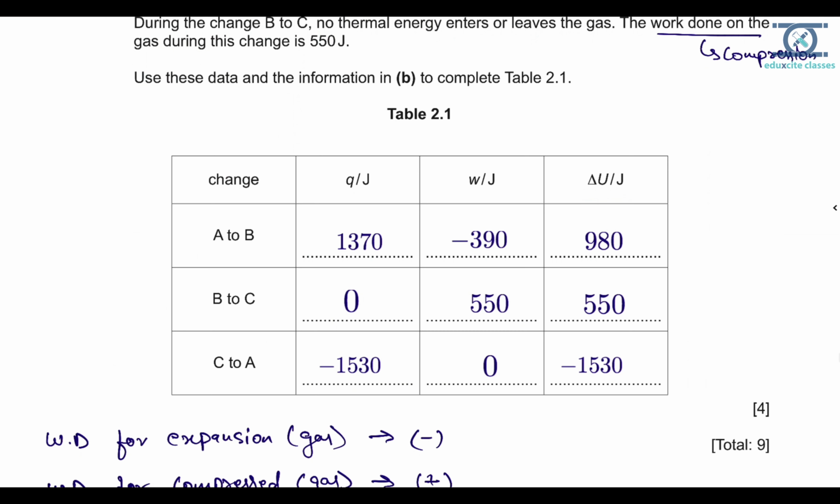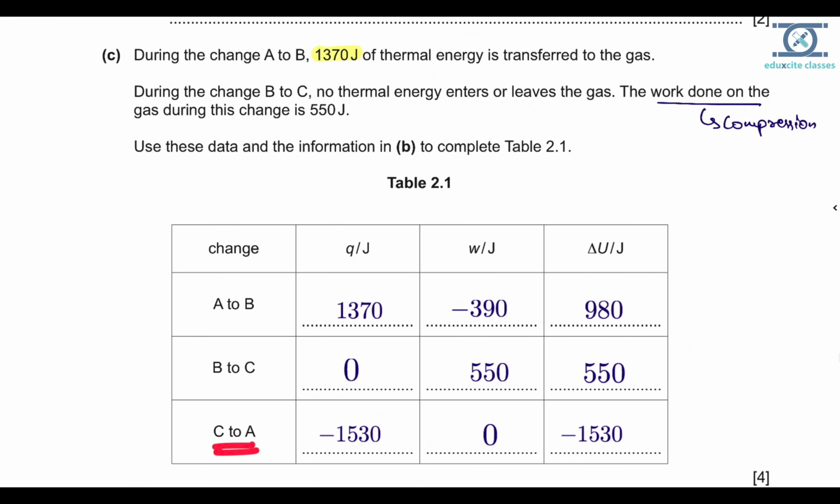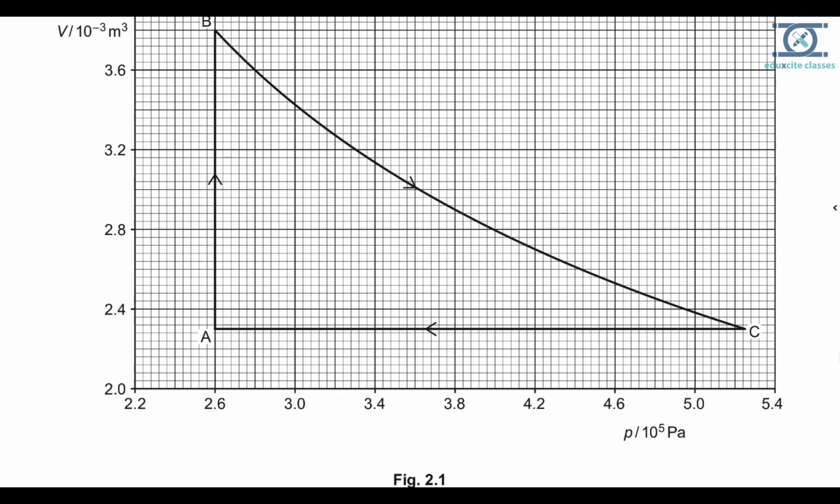Now from C to A, this is very important. From C to A, if you see the graph, the volume is not changing. So if the volume is not changing, and we know that work done depends on change in volume, and there is no change in volume, it means there is no work done. So there is no work done and the pressure is decreasing. So work done is 0.